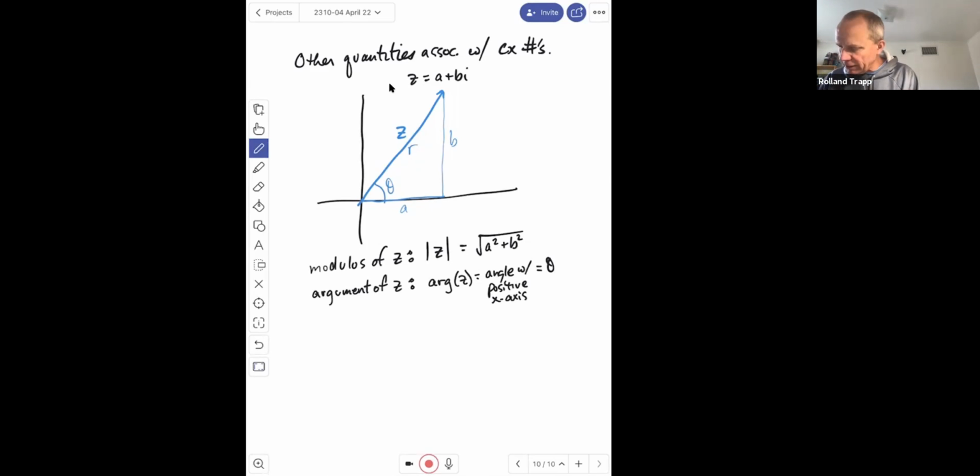I will mention that this is the arctangent of b over a, opposite over adjacent, whenever a is positive. If a is negative, it's pi plus the arctangent of b over a. That's probably not as important as remembering that the argument is the angle it makes with the positive x-axis.